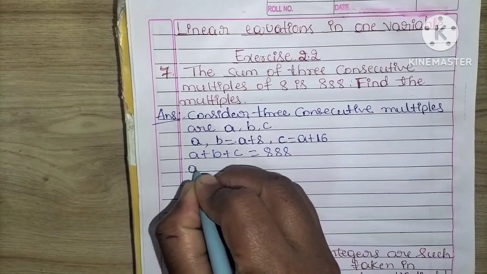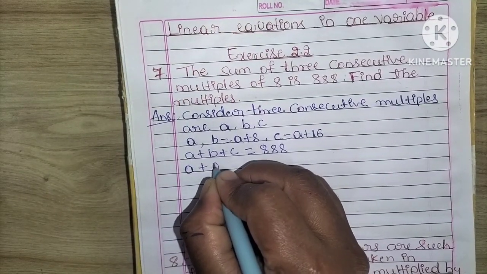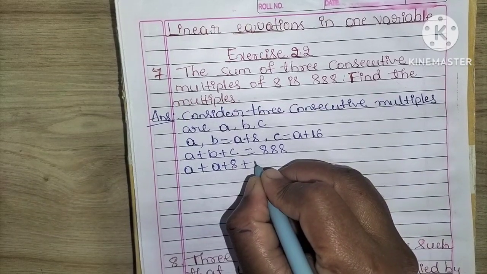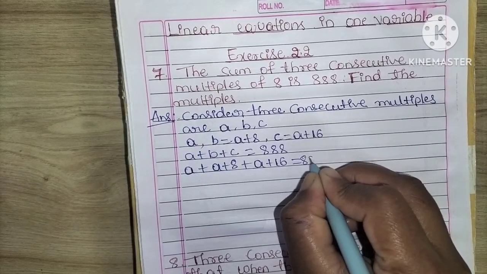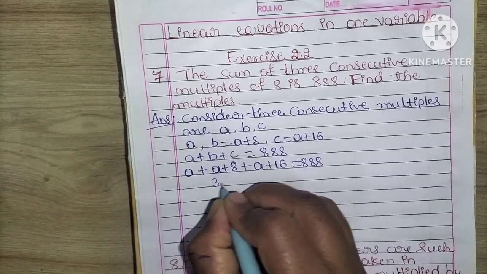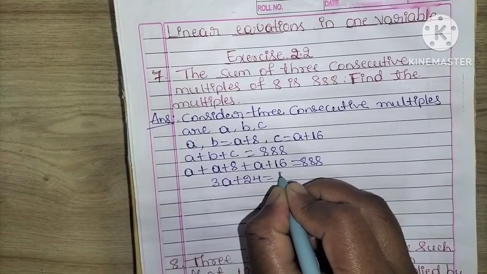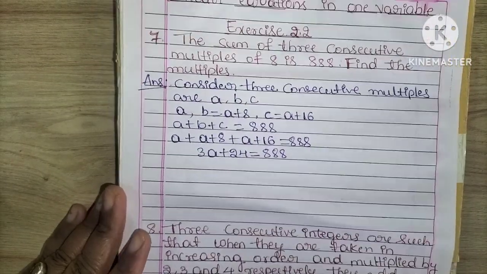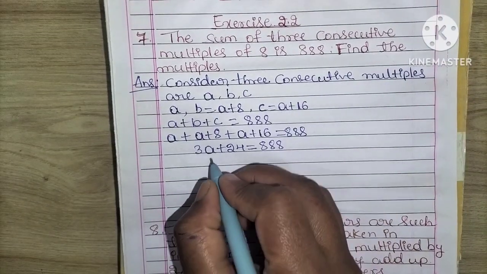Write A as it is, plus B, which is A plus 8, substitute the value of B, plus C, which is A plus 16, is equal to 888. A plus A plus A is 3A, plus 16 plus 8 is 24, is equal to 888.